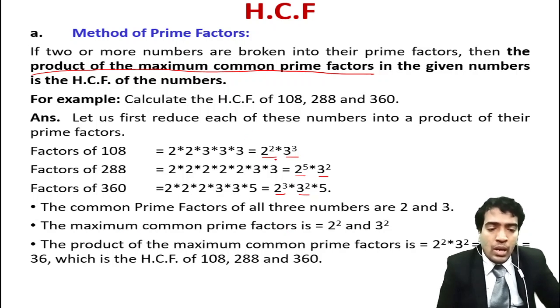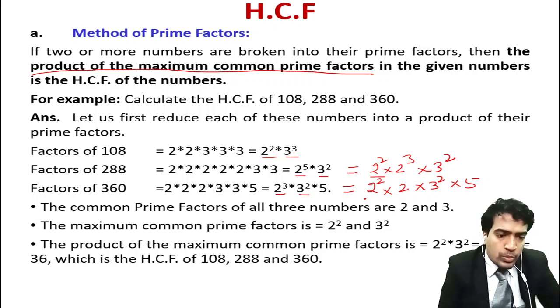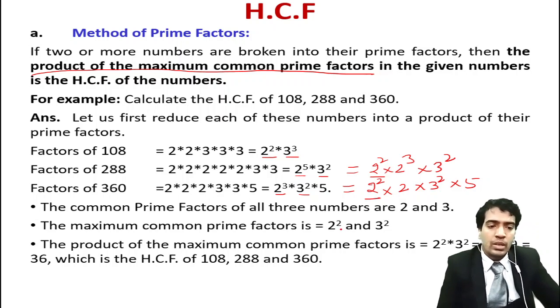Now you look at this, 2 square is present here. Now 2 power 5 can be written as 2 square into 2 cube into 3 square. So 2 square is present here also. What about this one? Now this can be represented as 2 square into 2 into 3 square into 5. So 2 square is present here also, right?